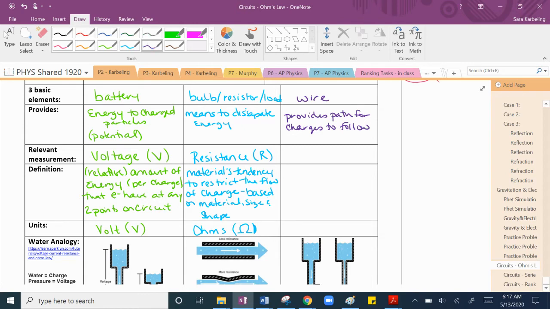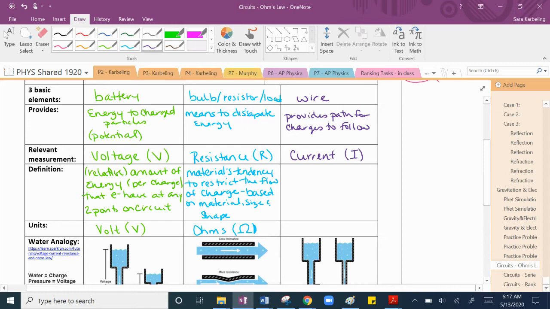The final measurement that we use when we're talking about circuits, in addition to voltage and resistance, is current. And unlike voltage, which is marked with a V, and resistance that's marked with an R, current is marked with a capital I. I'm not sure why, but it is.